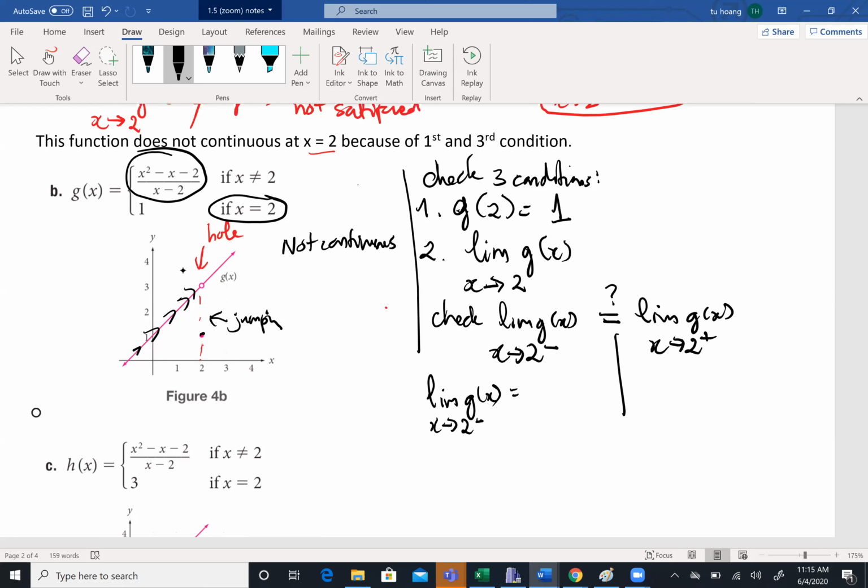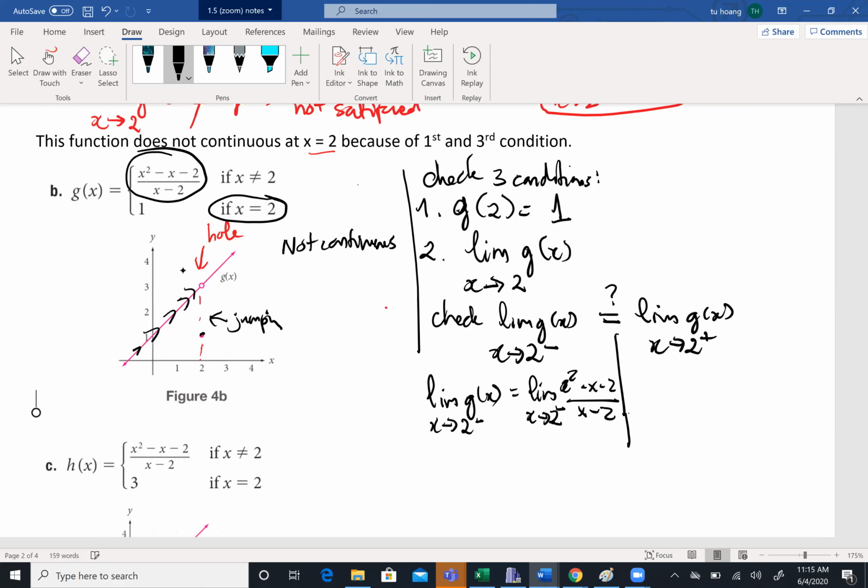So that's the one here. So the limit of (x squared minus x minus 2) over (x minus 2) when x goes to 2 from the left-hand side.